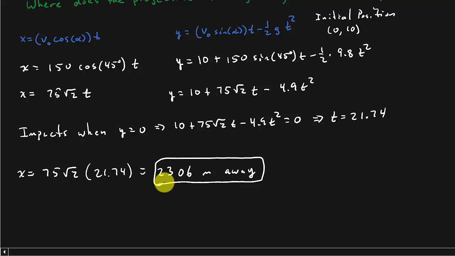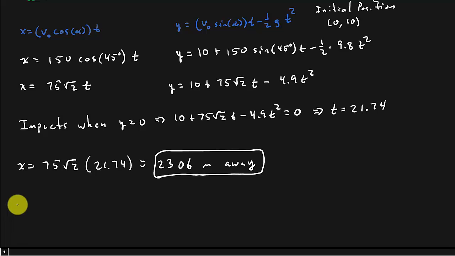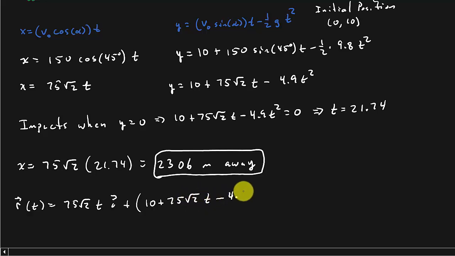Now let's find the speed at impact. So let's get our position vector. We've got r of t equals 75 square root of 2 t times vector i plus 10 plus 75 square root of 2 t minus 4.9 t squared times vector j.